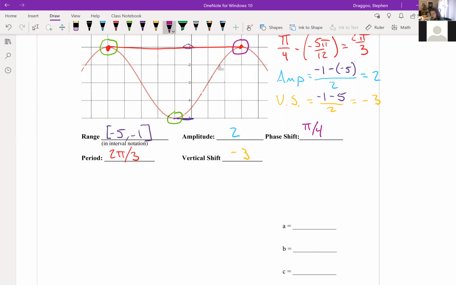Based on my choice of the phase shift, A is going to be a positive value because it starts at a maximum. So A should be +2. Then we want B. It'll be 2 pi divided by the period, which is 2 pi over 3, which should simplify to 3.